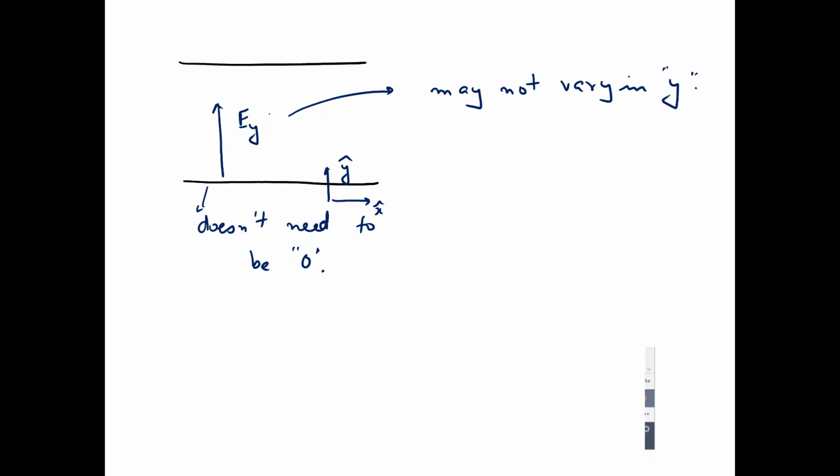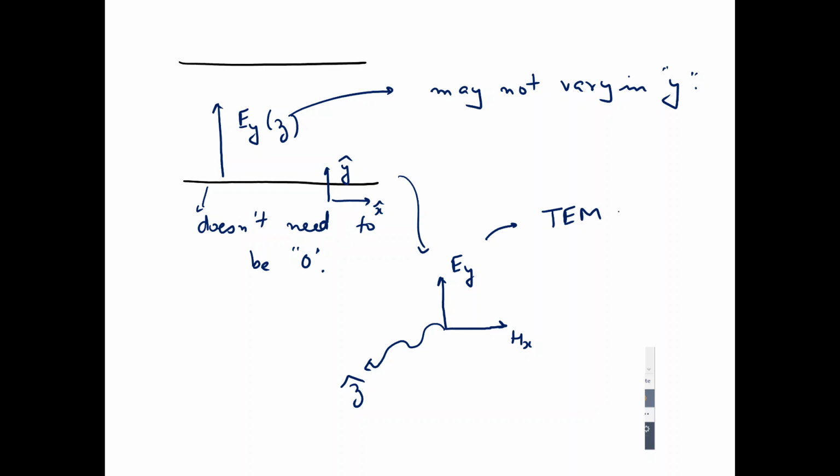This may only have a variation in z. In that case, what you're going to get is an electric field pointing in the y direction, a magnetic field pointing in the x direction, and the wave is propagating in the z direction. And this is your standard TEM wave.